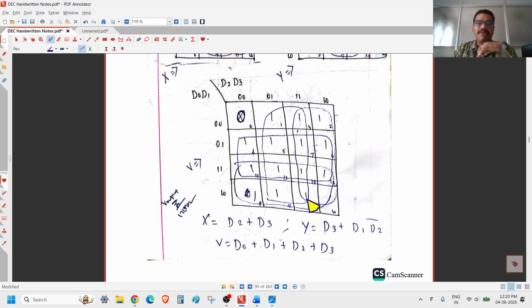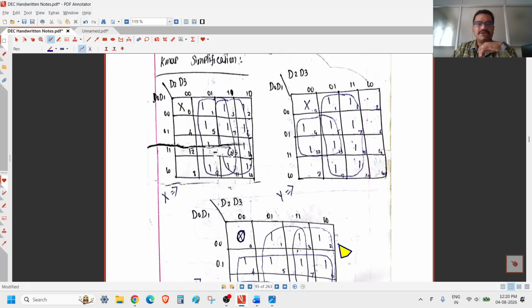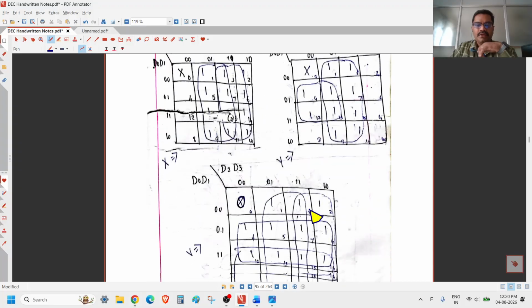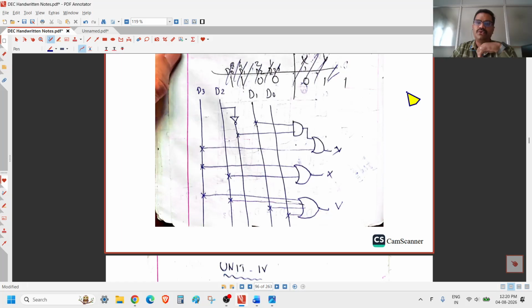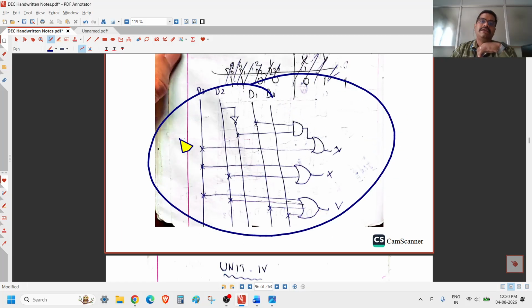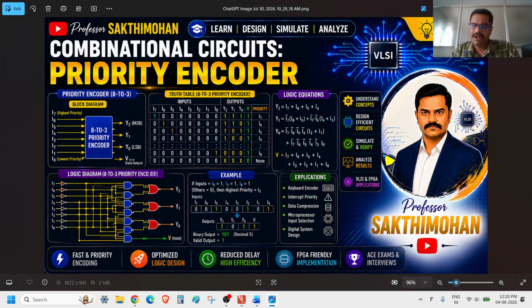If you simplify the K-maps, you get X equals D2 plus D3, Y equals D3 plus D1 into D2 bar, and V equals D0 plus D1 plus D2 plus D3. Once you complete the equations, the next part is the logic diagram. You have to draw the logic diagram like this. This is how you design the priority encoder circuit. It's very simple compared to the others.